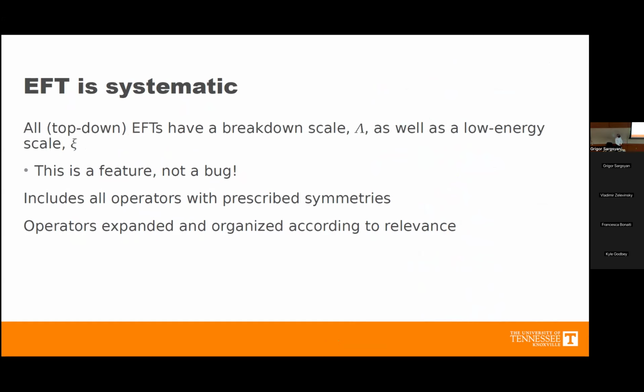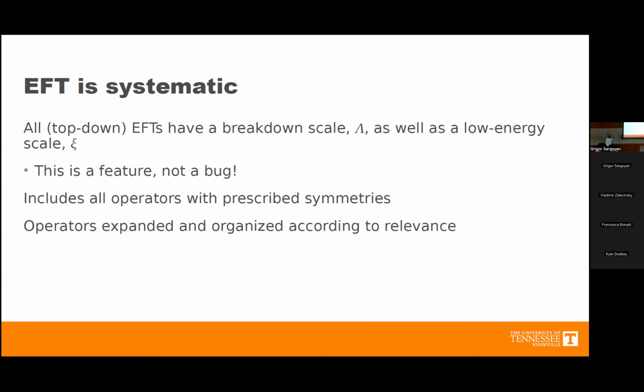Again, one of the benefits of effective field theories such as this is the systematic nature. One of the traits of theories that break things down into series such as this is they will always have a breakdown scale, sort of a radius of convergence, if you think in terms of function series.